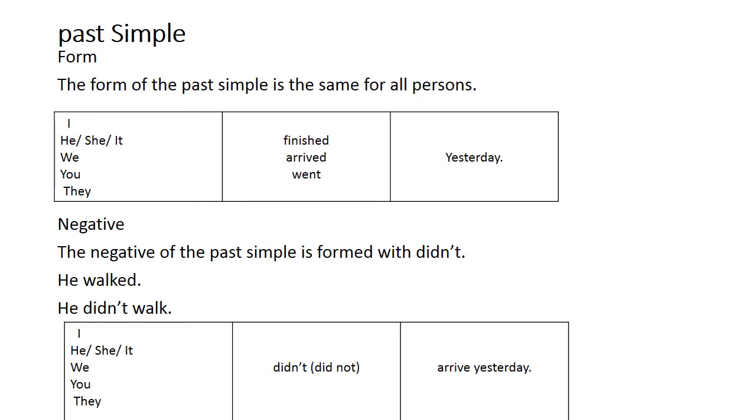Here I add didn't and we put the verb in the present form. We didn't arrive yesterday. They didn't arrive. We removed ed from the verb.